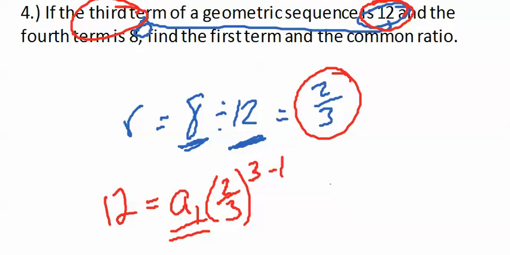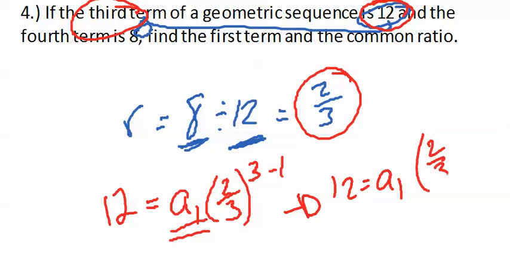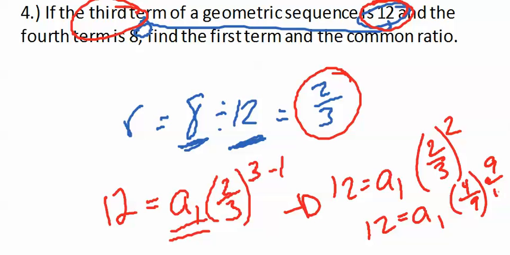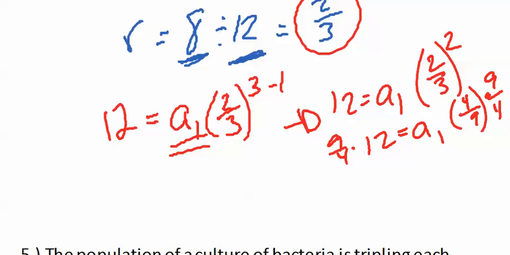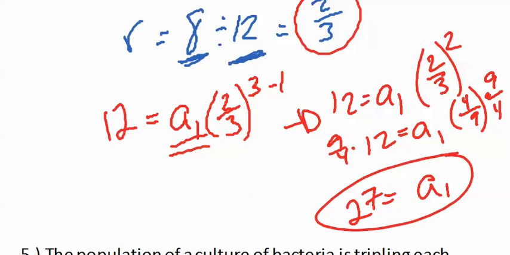So 12 equals the first term times 2/3 squared. So that's 12 equals first term times 4 over 9. I'll multiply by 9 over 4. And the first term is going to be 27.